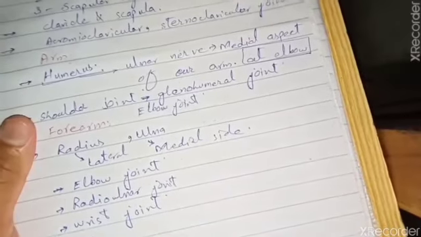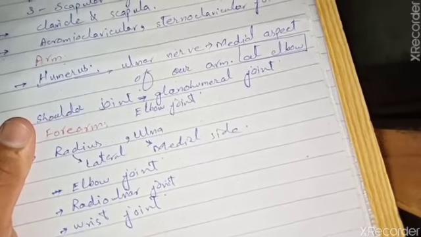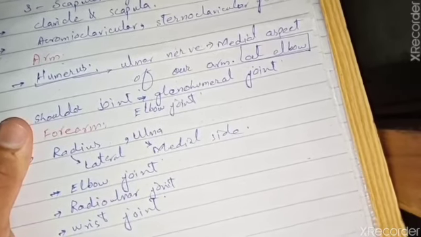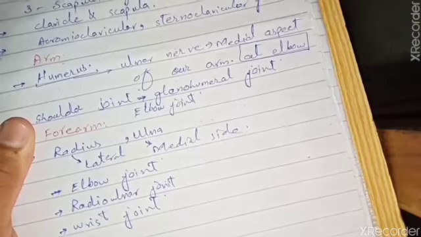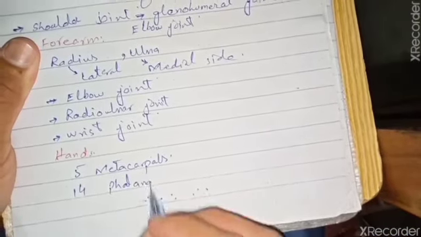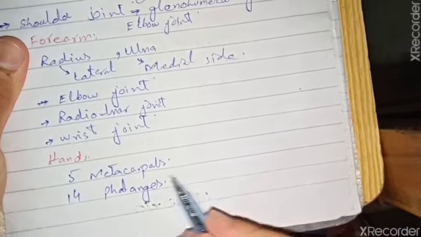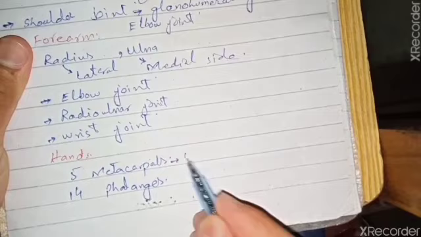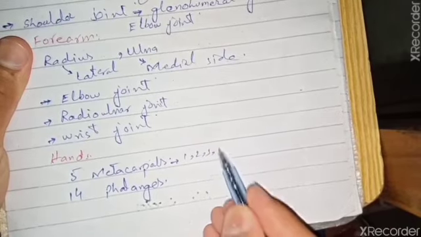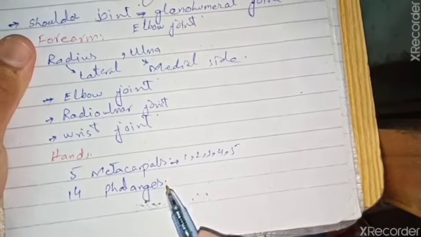In the hand we have 5 metacarpals and 14 phalanges. The metacarpals are named 1, 2, 3, 4 and 5, and are attached proximally to the digits.